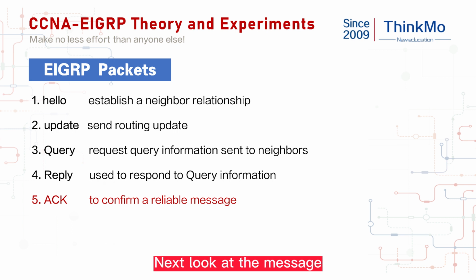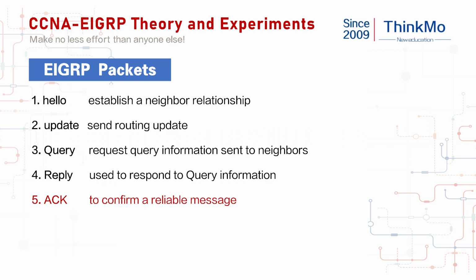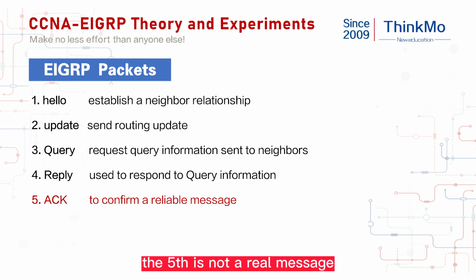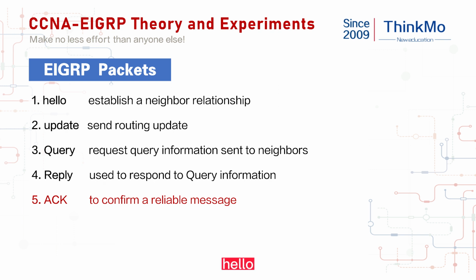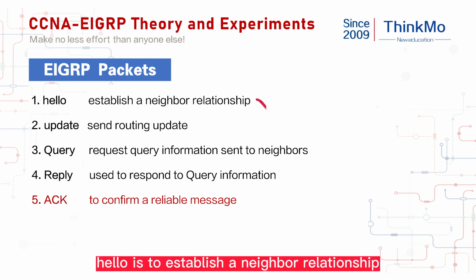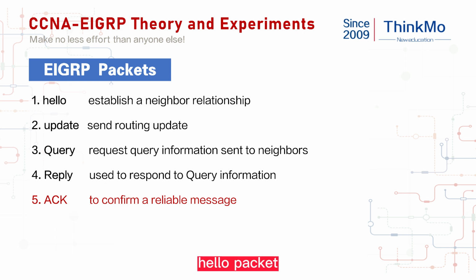Next, look at the messages. Let's not look at the fifth, because the fifth is not a real message. There are 4 EIGRP packets: hello, update, query, and reply. Hello is to establish a neighbor relationship. I just introduced the hello packet to you.